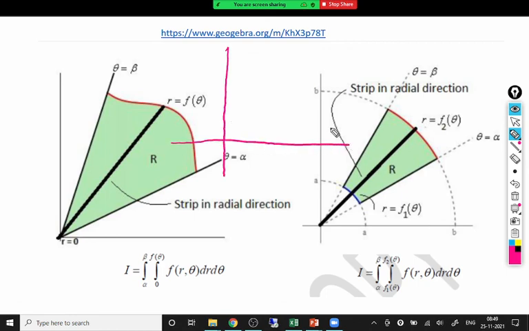Suppose my curve is r equal to a(1 plus cos theta). That's one only, and I want this curve above the initial line. I don't want the entire curve.